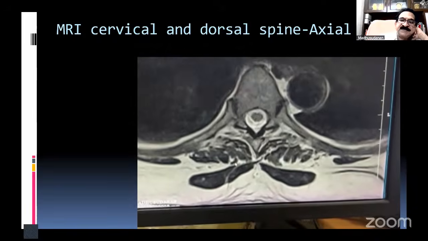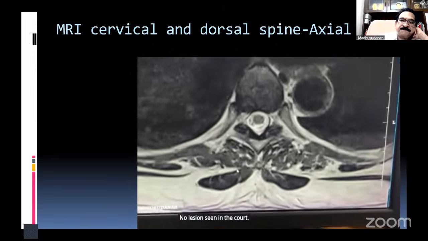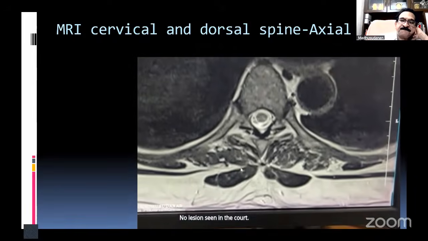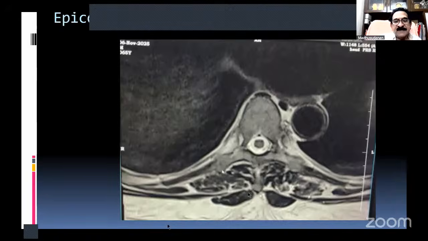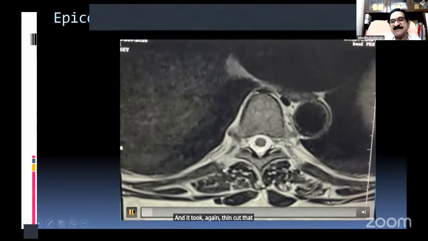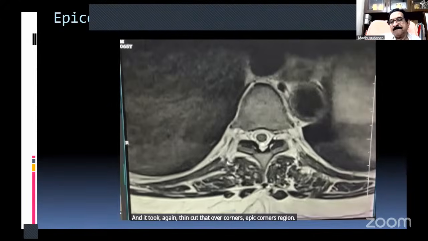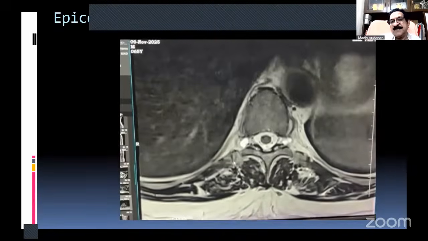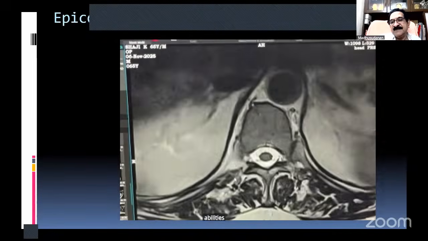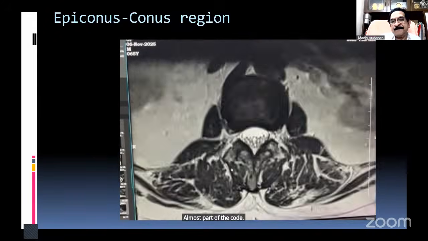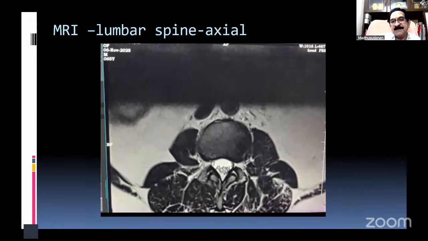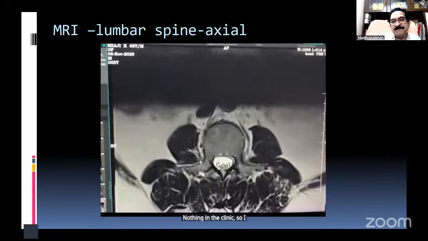No lesion seen in the cord. Then we took again a thin cut over the conus epiconus region. No lesion. That is the lowermost part of the cord. Nothing in the lumbar spine also, it is normal.